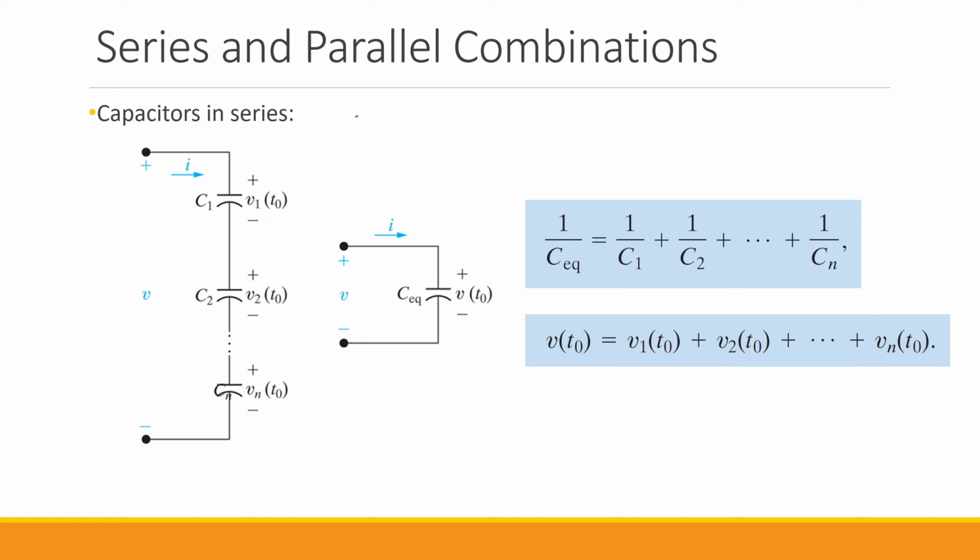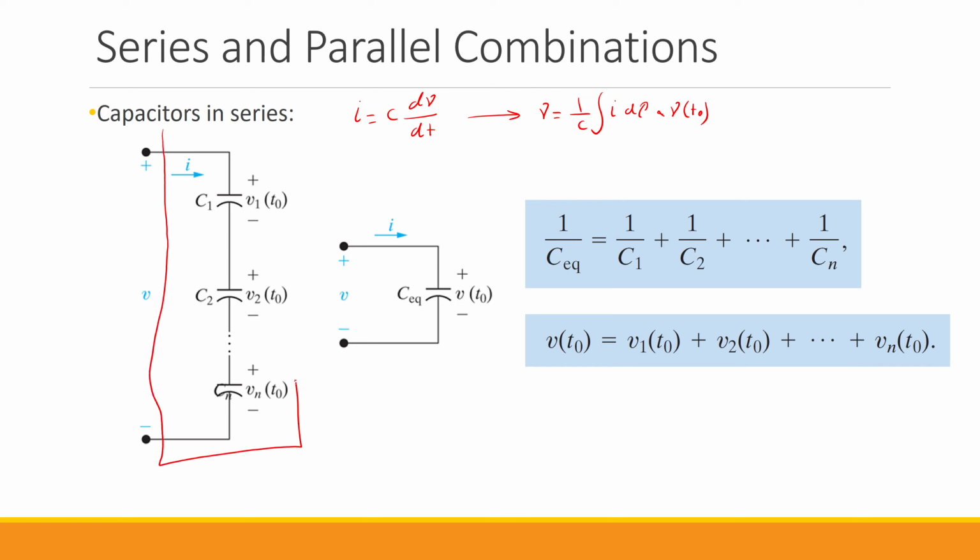If you remember, we said that I equals C dV over dt, which translates to V equaling 1 over C, the integral of the current d tau, plus the voltage at time t0.